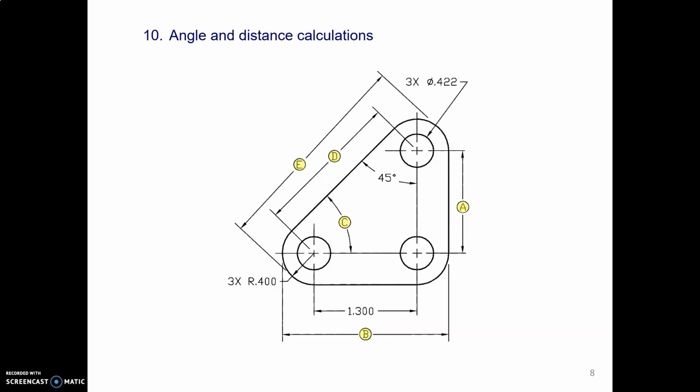Then, speaking of triangles, do you remember the Pythagorean Theorem? Do you remember what it says? A squared plus b squared equals c squared. Well, we've got a triangle here where one side is a squared, that's 1.300. We've got another side that's b squared, I'll betcha that's the same length.